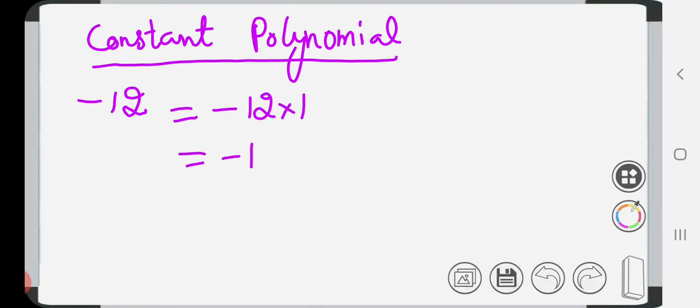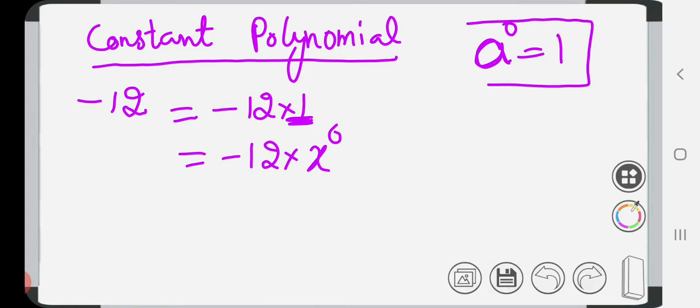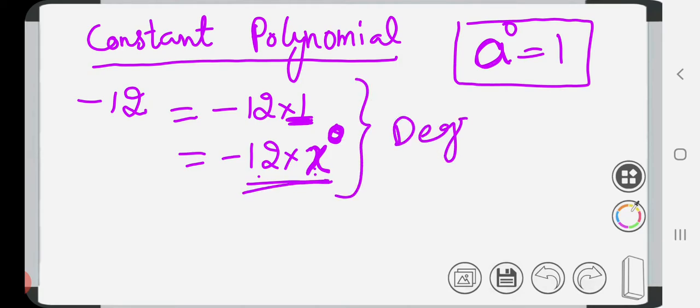If I want variable x, then I can write x power 0, because we already know that any non-zero value a power 0 is equal to 1. So we can write minus 12 into x power 0. That means the degree of this constant polynomial becomes 0.